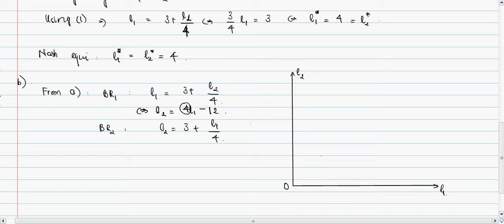In order to draw a straight line, I would need 2 points. So I'll pick L2 equal to 0. If L2 equal to 0, L1 equals 3. So I'll say I got 3 here, first point. If I pick L1 equal to 0, L2 will be equal to -12.